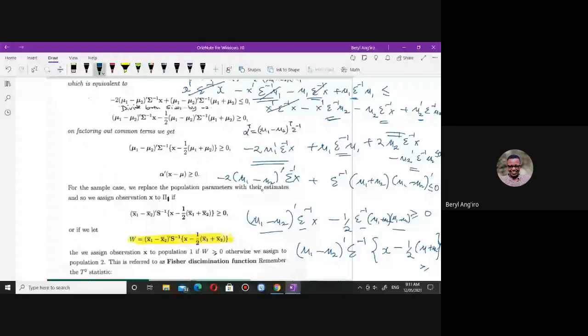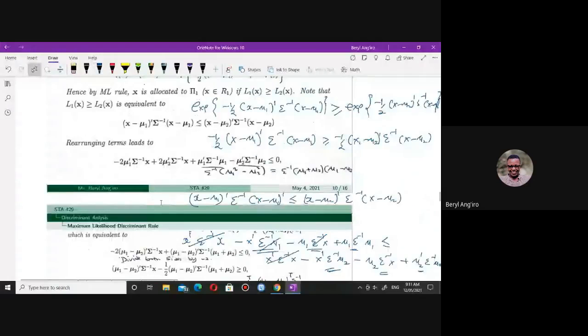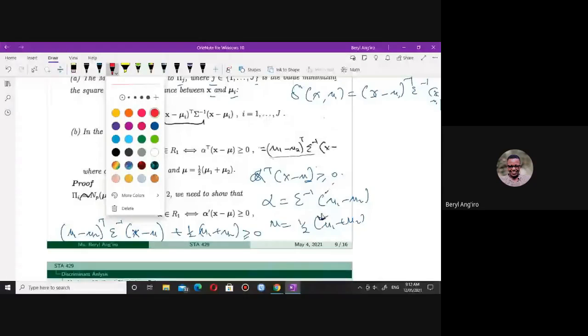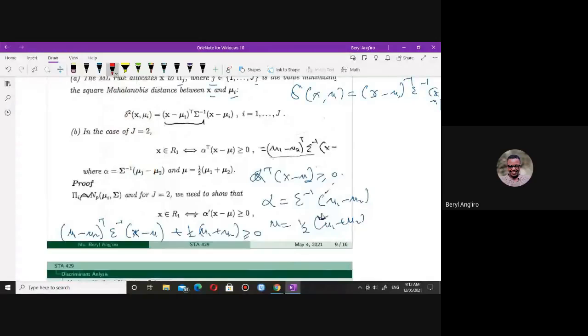So this is what we want to prove. We want to prove this part: transpose (x minus mu) is greater or equal to 0, where we have this as sigma inverse (mu1 minus mu2), and this mu is a half (mu1 plus mu2).